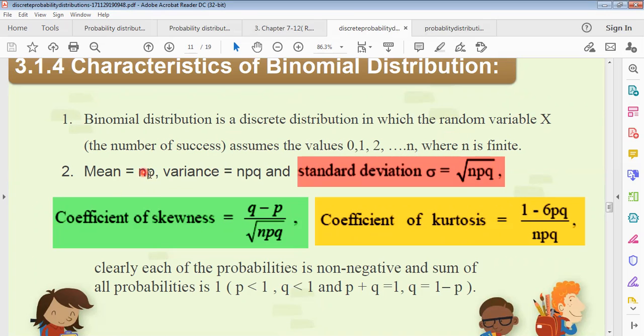The mean will be np, and variance will be npq. Standard deviation will be square root of npq, because the standard deviation squared equals the variance, you must know. The coefficients of skewness and kurtosis are also given. Now we'll try to find out the mean equals np and variance equals npq.